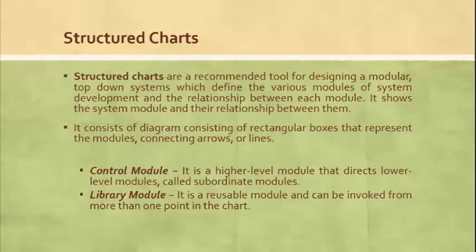For the structured charts, we have the control module and the library module. So the control module is a higher level module that directs lower level modules known as subordinate modules. And the library module is a reusable module and can be invoked from more than one point in the chart.